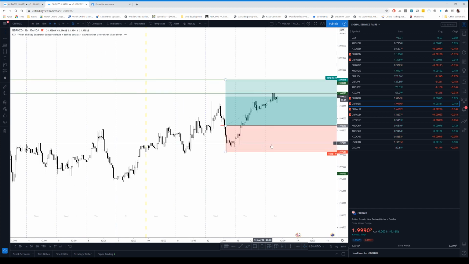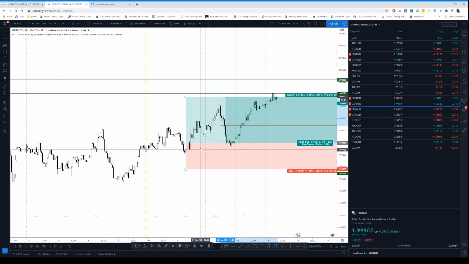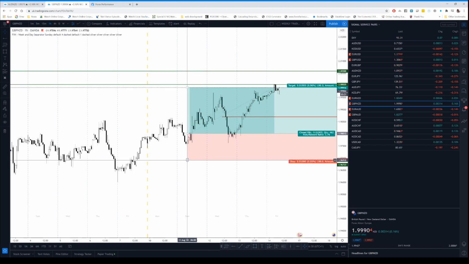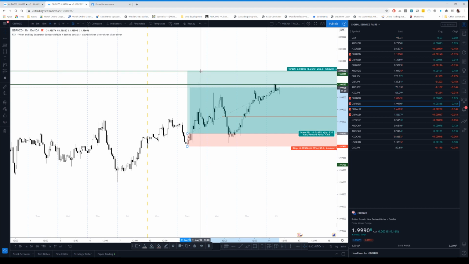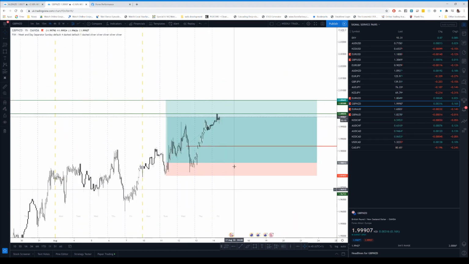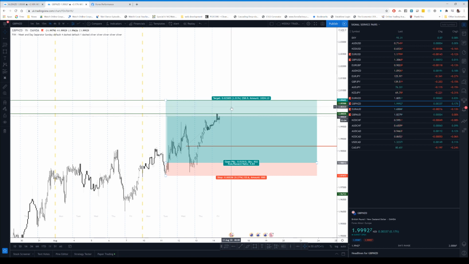The actual trade was from here to there. Okay, and we've just hit that first target. So that's the next upside objective there.